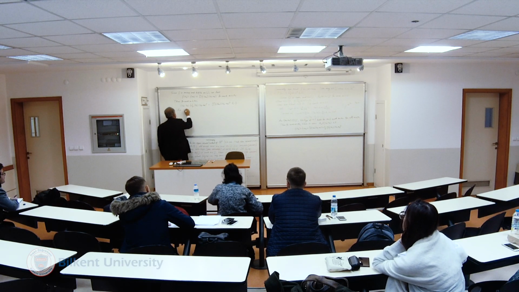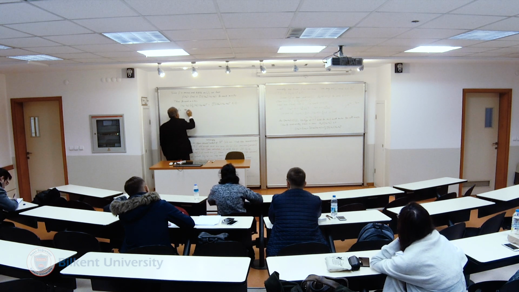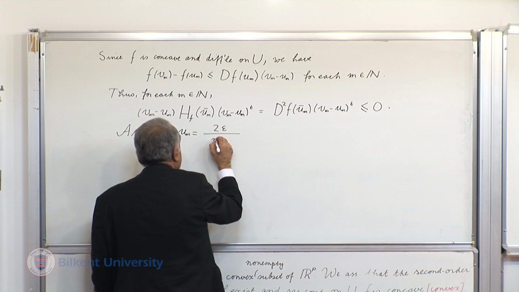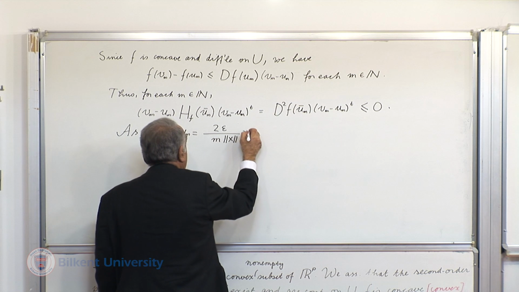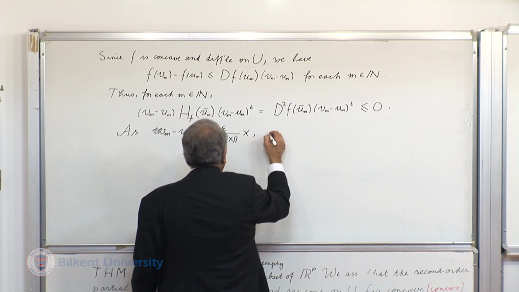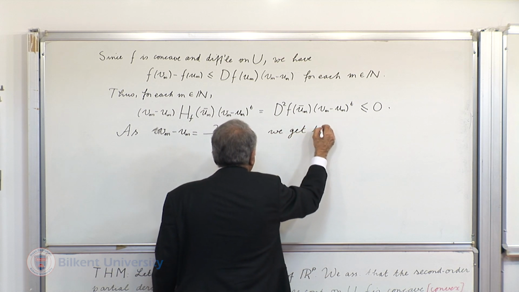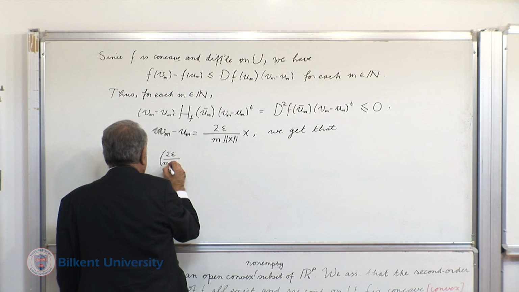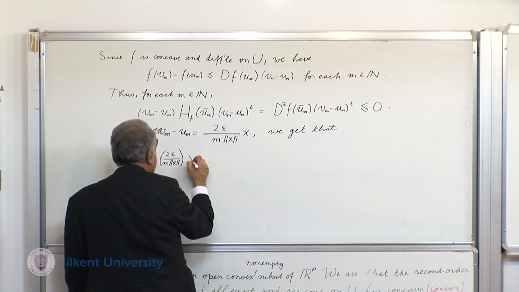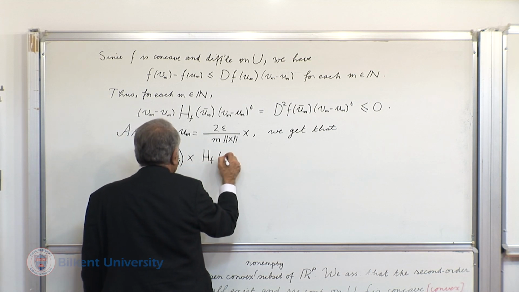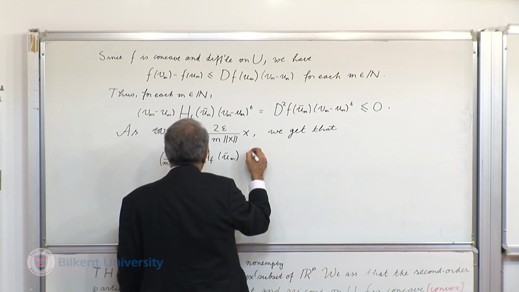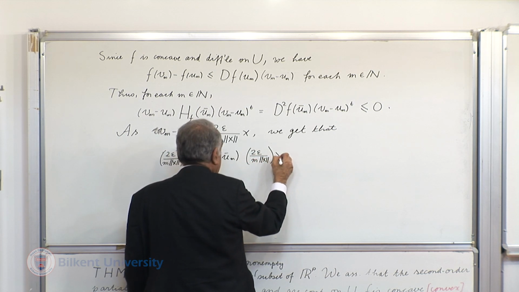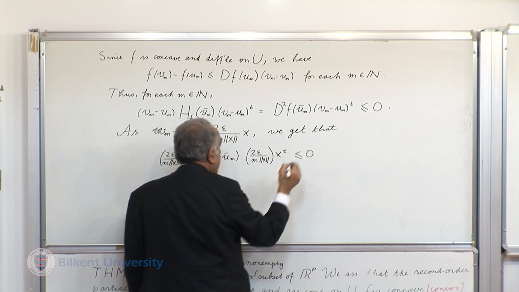As Vm minus Um is equal to 2 epsilon over m, the norm of x times x, we get that this is now 2 epsilon over m, the norm of x, which is just a real number, times x times h sub f at u bar m, and then here we have 2 epsilon over m times x transpose, less than or equal to 0.